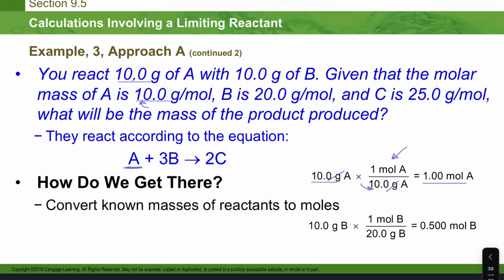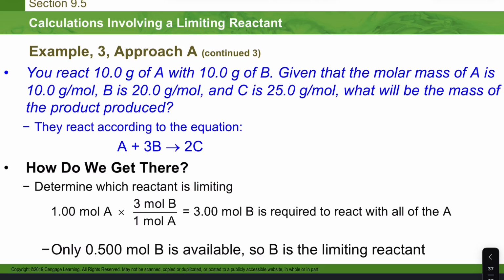This way, we will find out the number of moles of A we have. Here, we have the same situation, 10 grams of B. For every 20 grams of B by the molar mass, we know that we will get 1 mole of B. And so we end up with 0.5 moles of B.